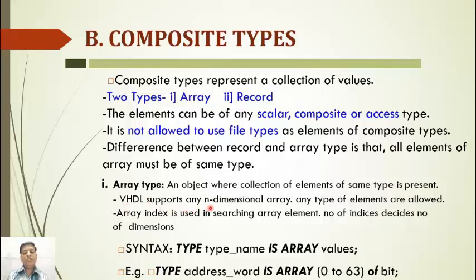VHDL supports any n-dimensional array. Any type of elements are allowed. Array index is used in searching array elements. The number of indices decides the number of dimensions.